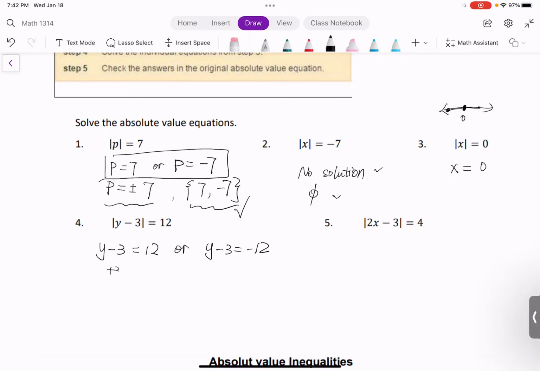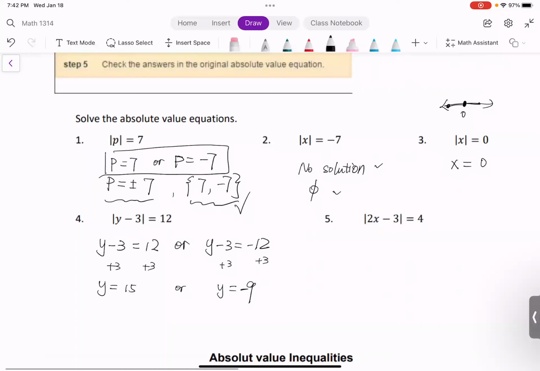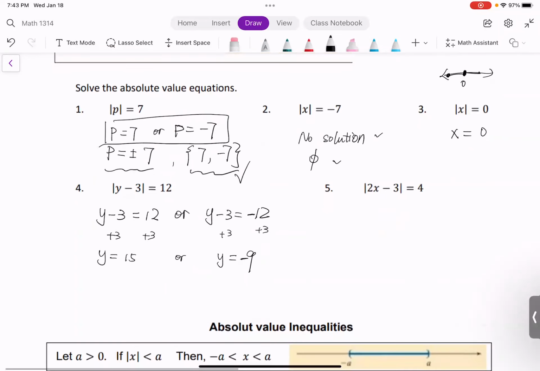We add 3 to both sides, y equals 15, or in the other equation, add 3 to both sides, y equals negative 9, because we have negative 12 here. You can put them in set notation, {15, -9}.